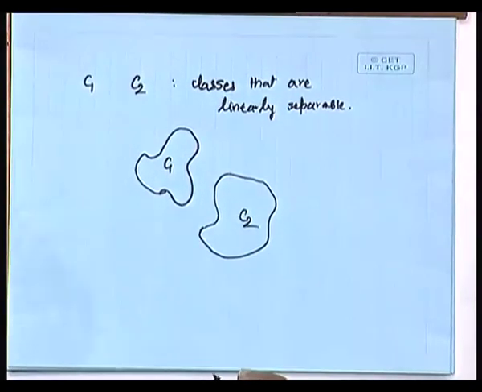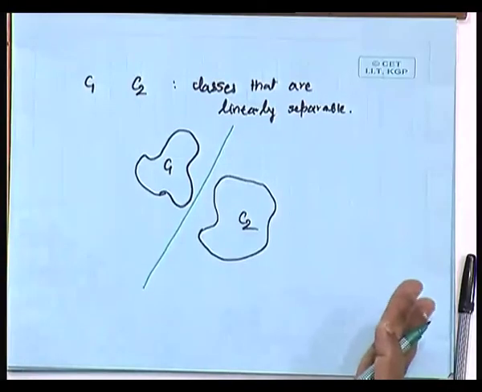Now, clearly the way I have drawn it makes it linearly separable. I think you can just get it, because we can simply imagine that there is a line. Although in this case I am showing it as a line, actually it will be a hyperplane. That's correct.